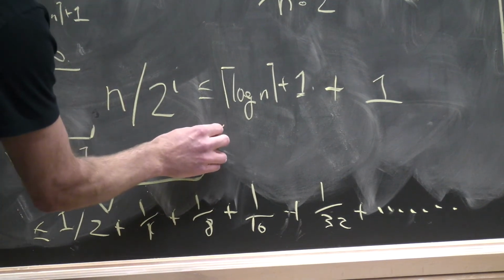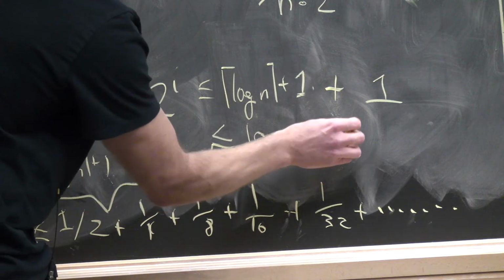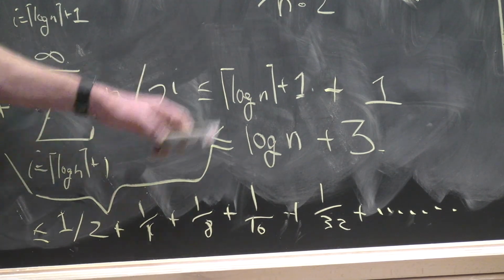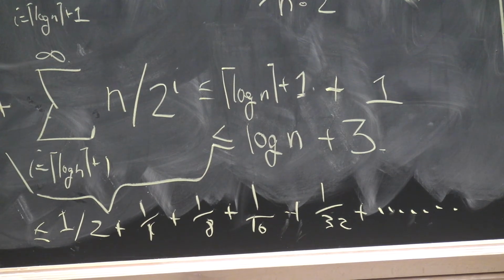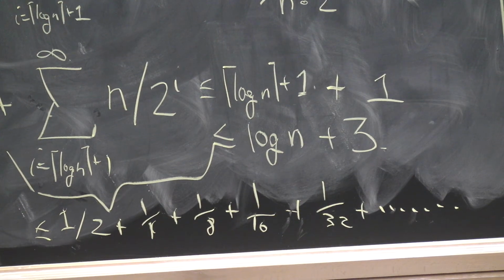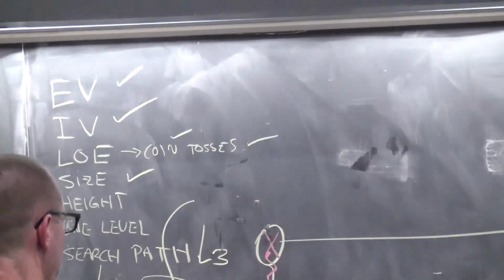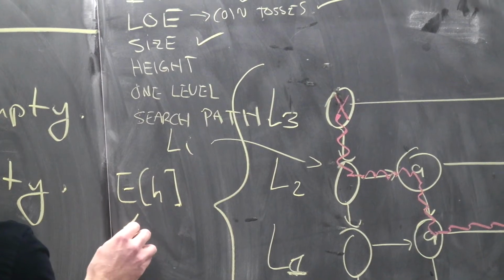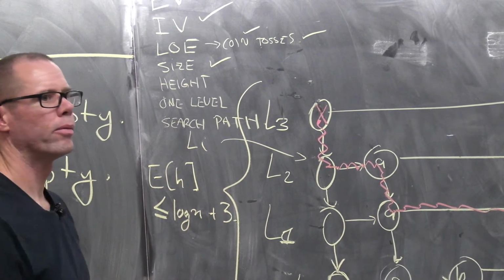And if you want just to tidy things up, that's less than or equal to log n plus 3, because the ceiling of something is less than that thing plus 1. Okay. All right. So all of that to say that the expected height is less than or equal to log n plus 3.